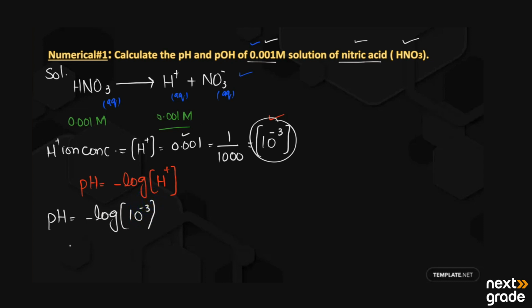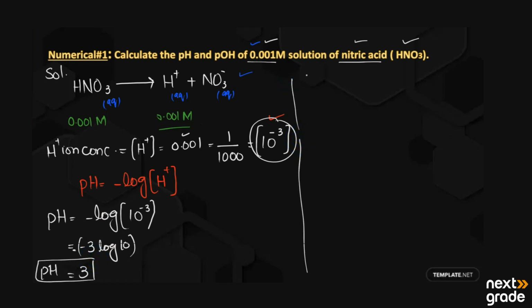So here we have minus 3, the negative, and the log of 10. As we know, the value of log of 10 is 1. So minus minus gives positive. So the pH will be 3 for this solution.